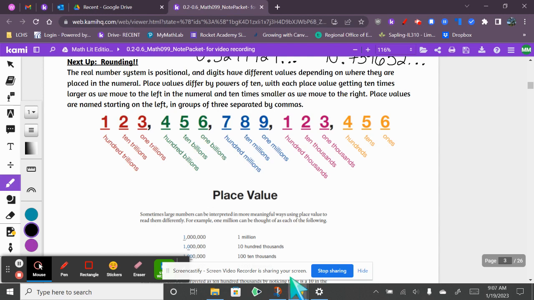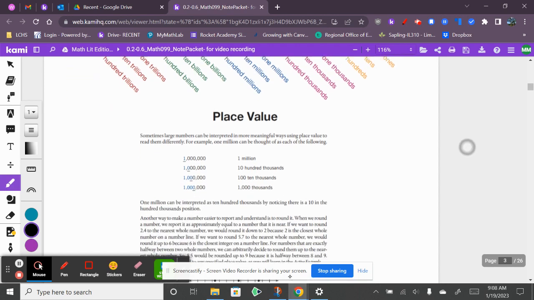Place values are named starting on the left in groups of 3 separated by commas. So you can see that we have groups of 3s separating our commas, and we have ones, tens, hundreds, thousands, millions, billions, trillions, and so on.